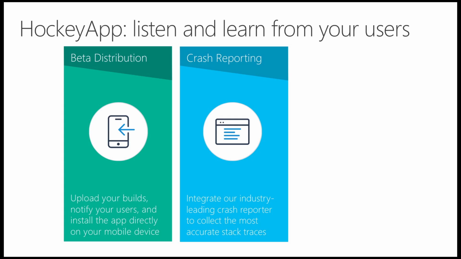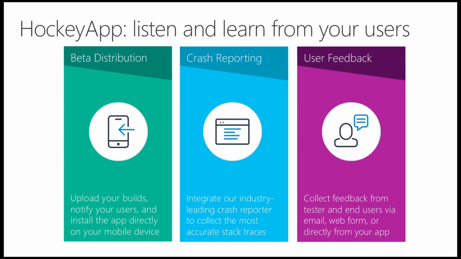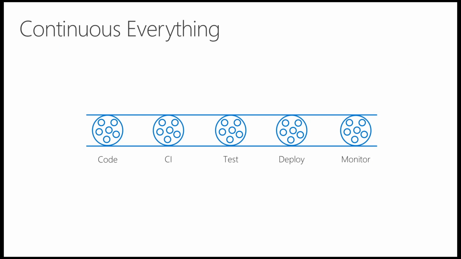It helps you see from all users, beta testers or not, what kind of crashes and errors they are seeing. And it also lets you collect that feedback, both from the analytics, like somebody pushed this button, somebody saw this kind of crash, but it also lets users give you feedback directly from the application in free-form text around how they feel about a new feature.